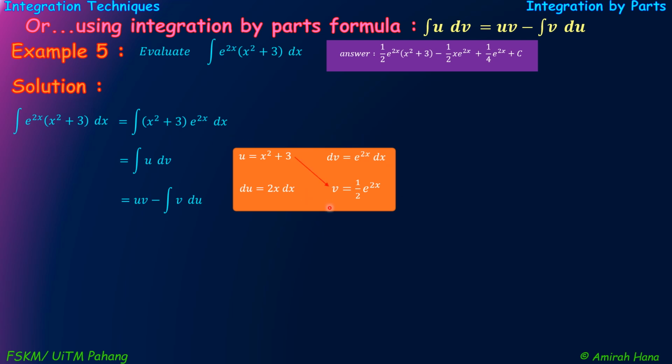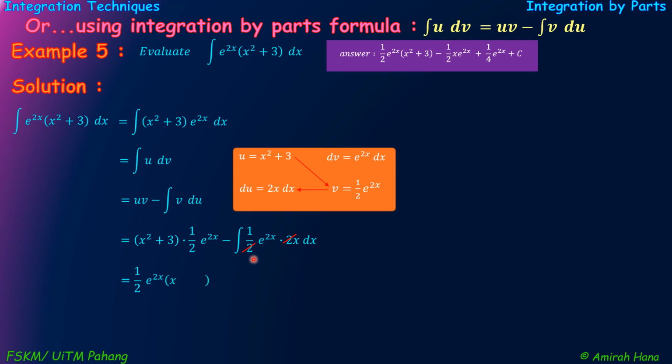After that, we multiply u and v from this formula, and we multiply v and du from this formula. So we have u equals x squared plus 3 times v equals half e to x, minus integration of v equals half e to x and du equals 2x dx. After that, we can simplify the 2 and 2 in the denominator here.